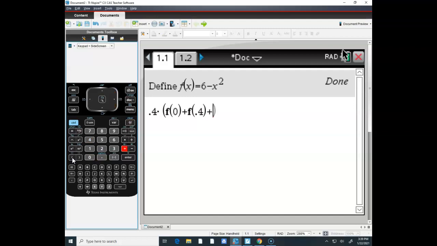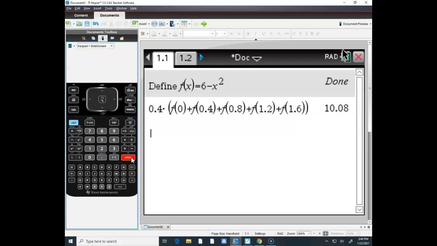plus f of 0.8, plus f of 1.2, plus f of 1.6. And that's all I'm going to do today with these, and I'm going to plug all that in, and I'm going to let the calculator spew it at me rather than go through all the mental math here.